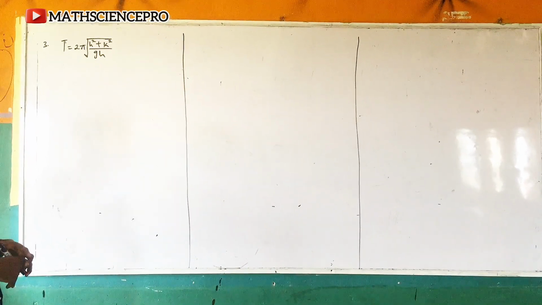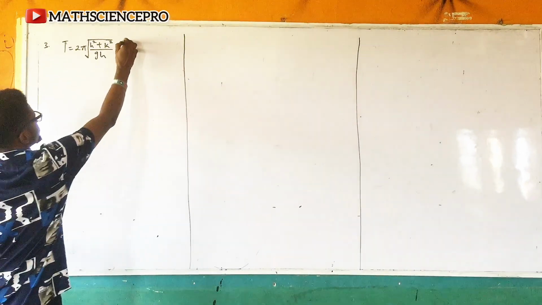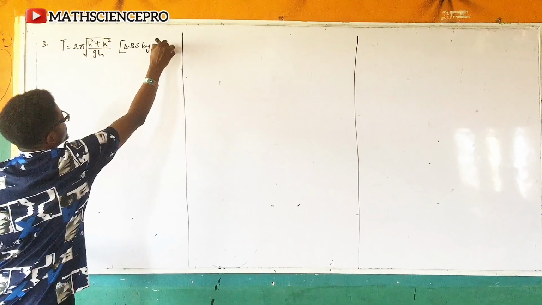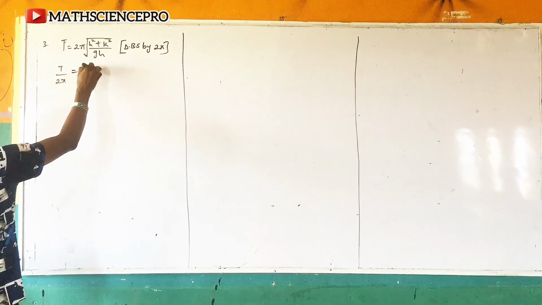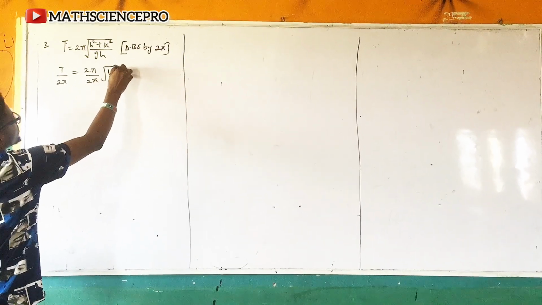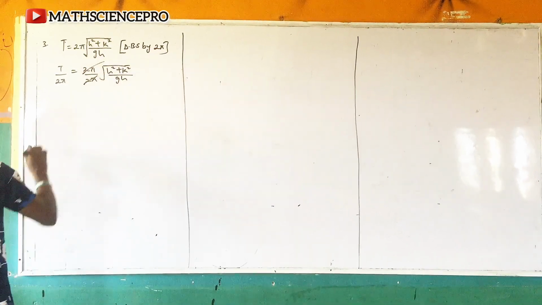Alright, so I can decide to divide both sides by 2 pi. So let's take that as the first step. If I divide both sides by 2 pi, I have T over 2 pi equals 2 pi over 2 pi times root h squared plus k squared over gh, and this has gone with this.